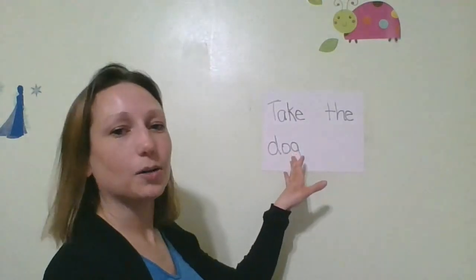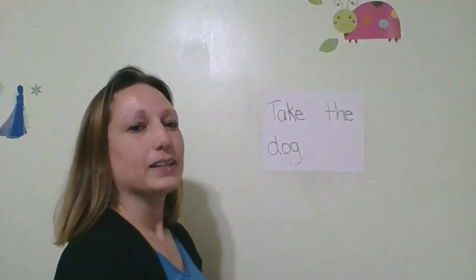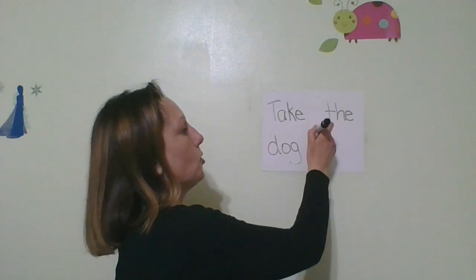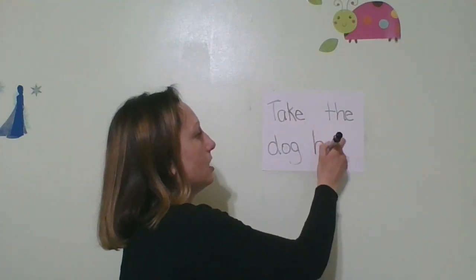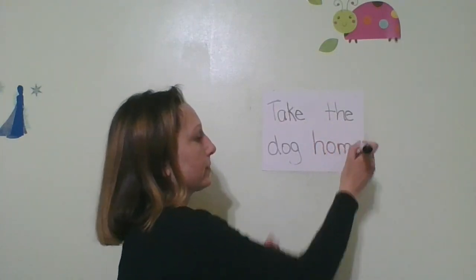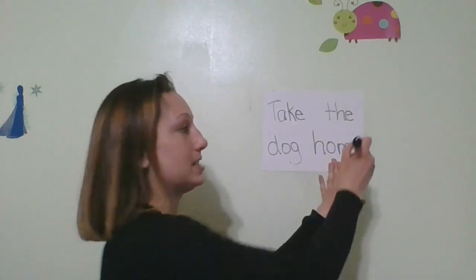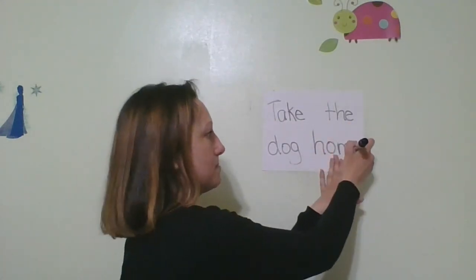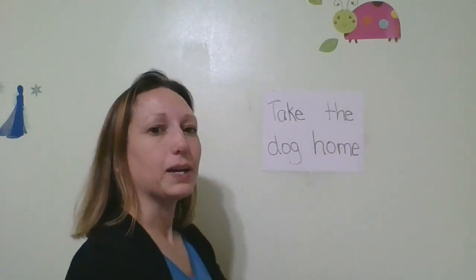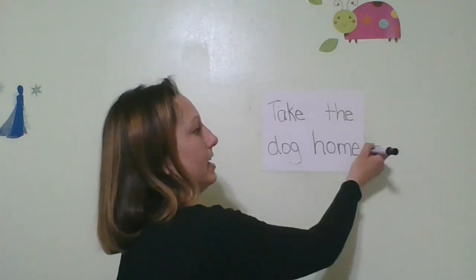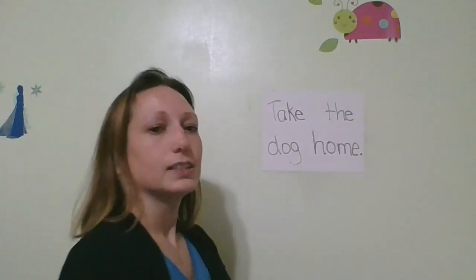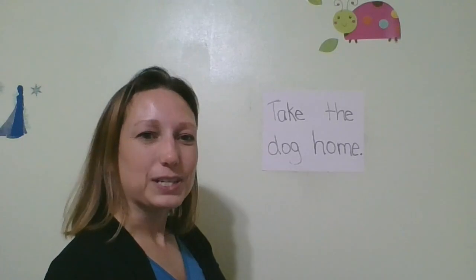It doesn't need help because it's not saying its name. Dog, home. Now my O is saying its name, so I am going to put my E on the end. And then, of course, it needs a period.